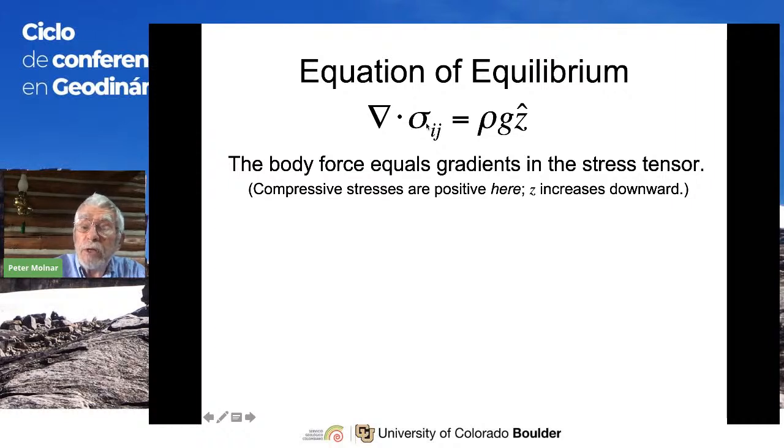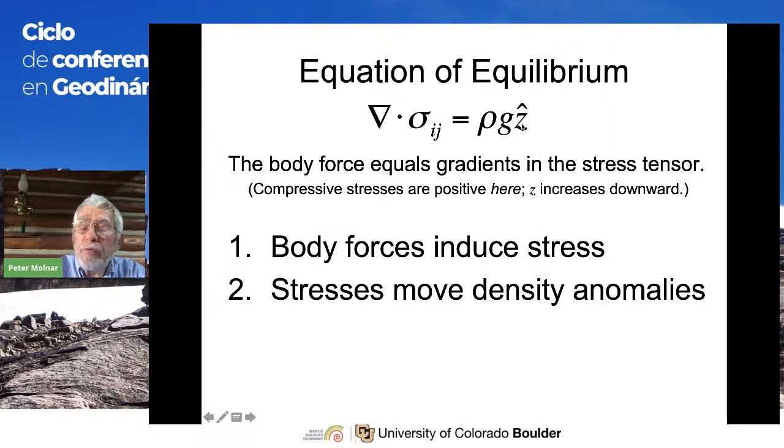And we have stresses, and you presumably know about stresses. So force induces a stress. If you have a body force, to keep this from accelerating, Newton's second law, you'd have acceleration, you need to balance that with stresses, with gradients in stress, but the stresses effectively keep this from accelerating and going away.